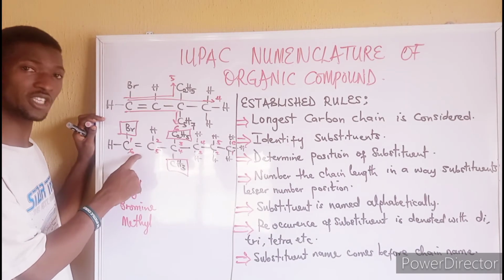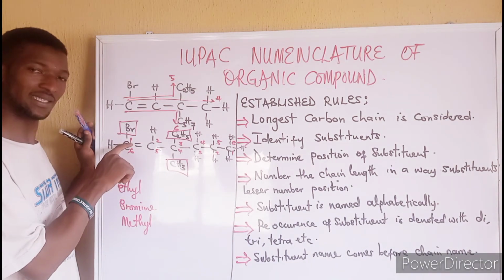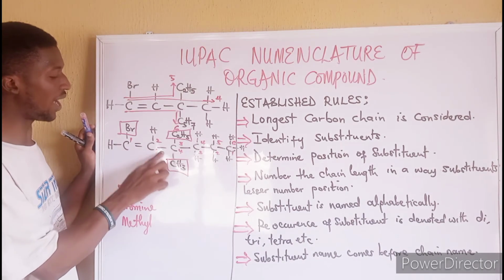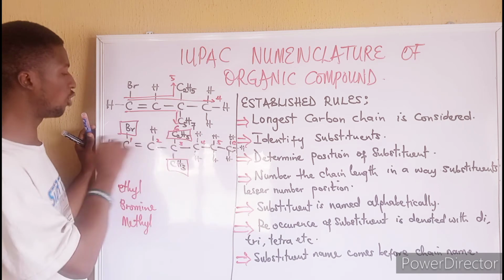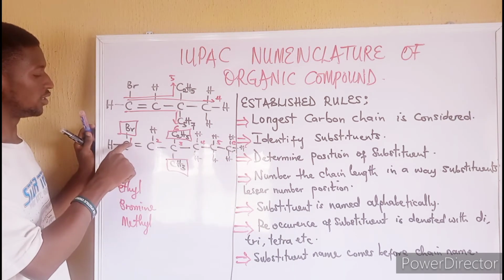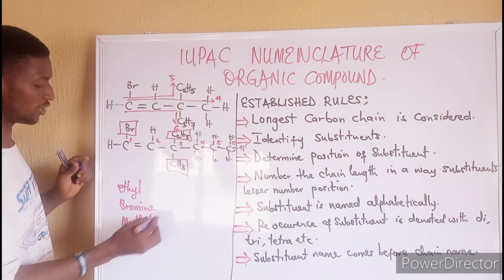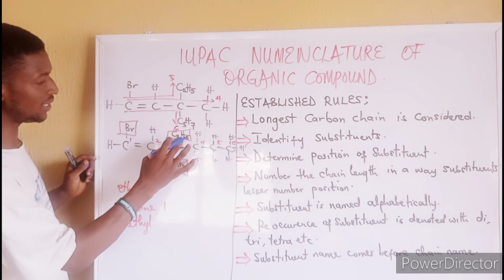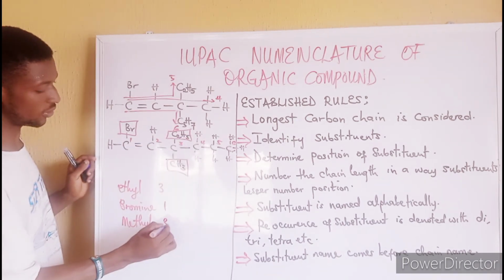Even if it's a functional group, it must take a lesser value. So in this case, since 1 is a lesser value compared to 6, I'll rule out this direction of naming. So I'm going to name forward. So here, the position of your double bond is on number 1. So bromine has its position on number 1, while your ethyl has its position on number 3, and your methyl is also on position 3.